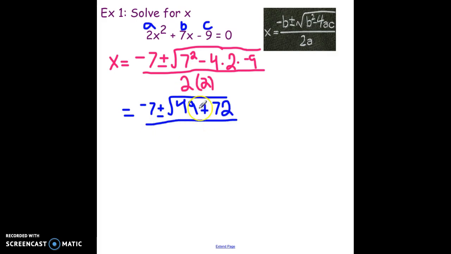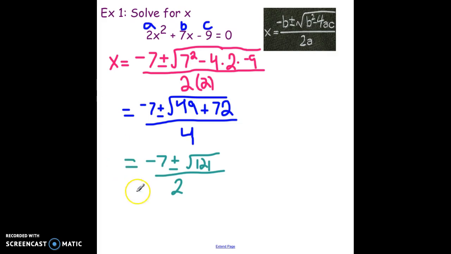And that's over 2 times 2 is 4. 49 plus 72 is 121. So that's negative 7 plus or minus the square root of 121 all over 4.